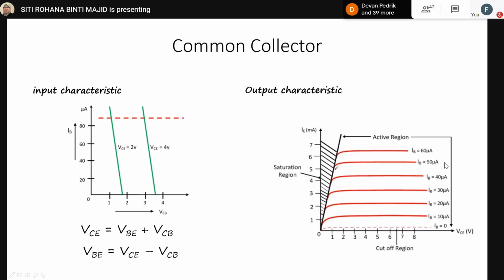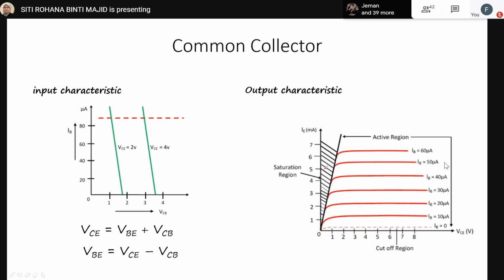If the input current is zero, we can see that the VCE is also zero, and then you can notice there is a saturation region.